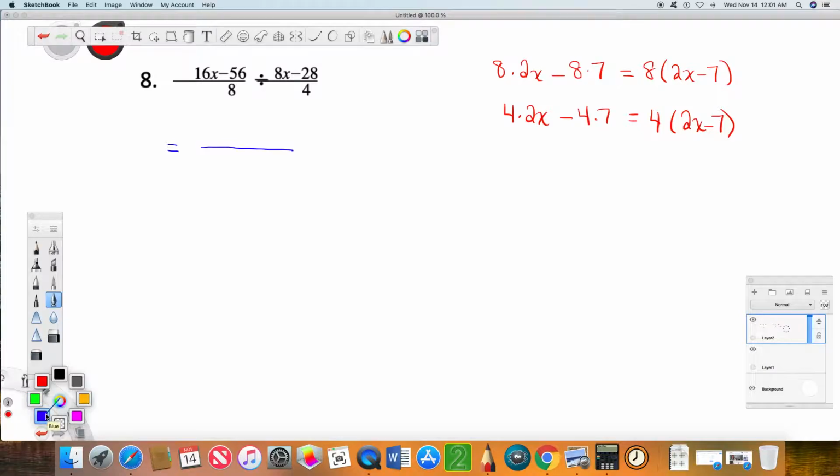So writing this first fraction now with that numerator in factored form, I have 8 times 2x minus 7 divided by 8, and that rational expression is being divided by a fraction whose numerator factors to 4 times 2x minus 7.